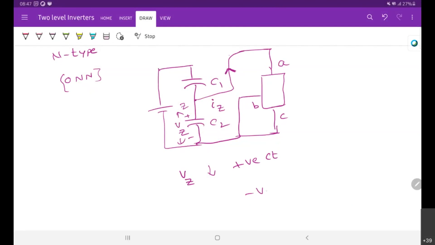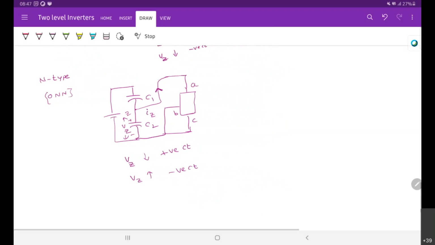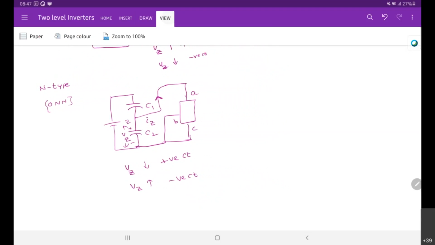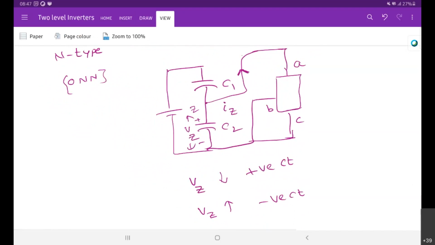In case of negative current, Vz increases. Negative current means this capacitor is charging, so this Vz increases. It's clear?